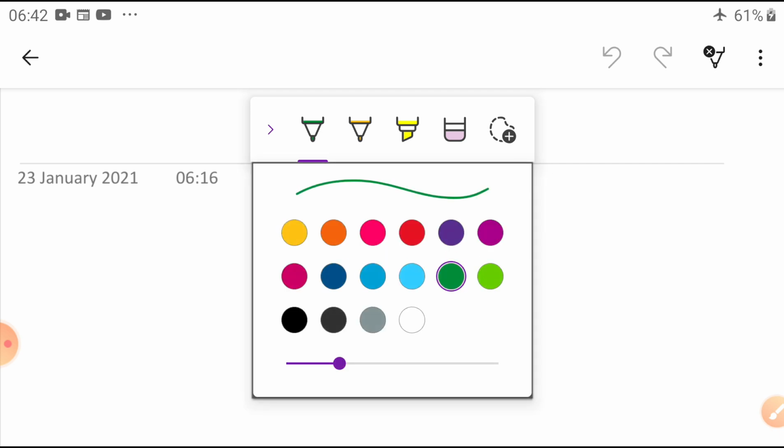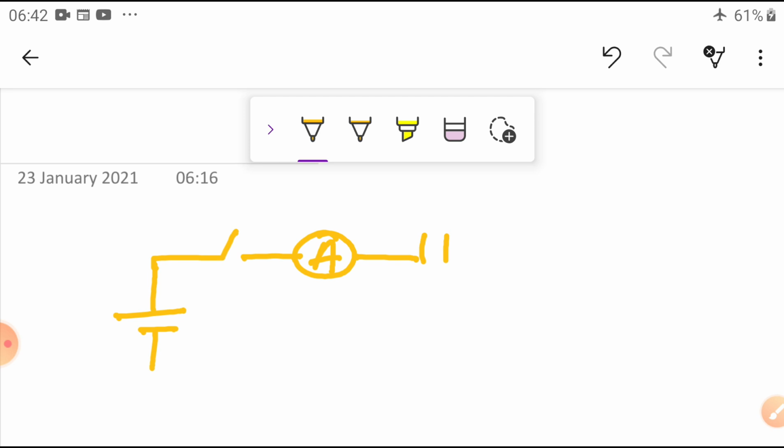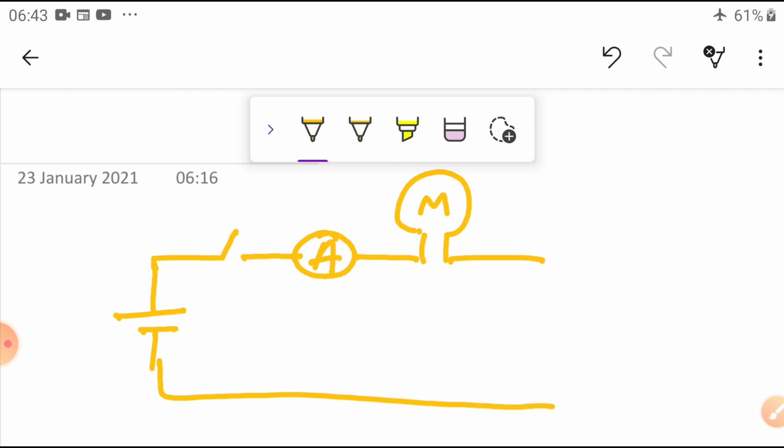As we know, to measure the current, for example, take this circuit, where one ammeter is connected, here I connected one bulb load, and at the same time I connected one voltmeter here. What happens when the switch is closed?